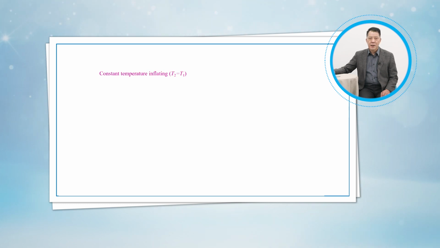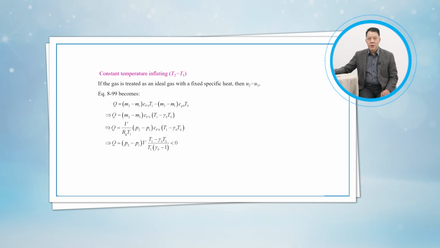Now let's talk about slow inflating, or the constant temperature inflating. If the gas is treated as ideal gas with a constant specific heat, then U2 equals U1. Therefore, from equation 8.99, we have heat transfer with the surroundings.